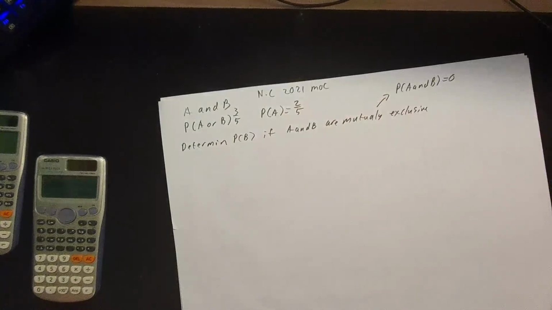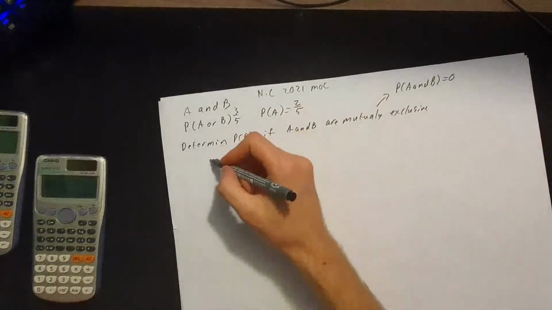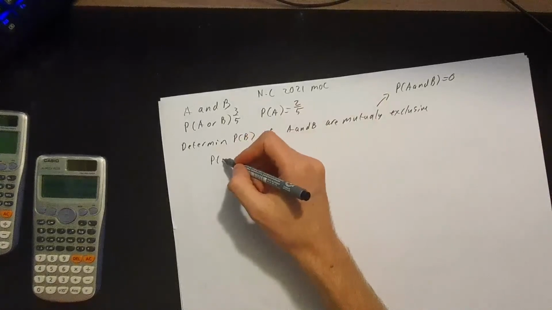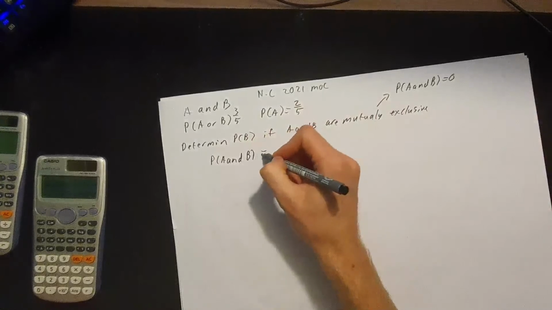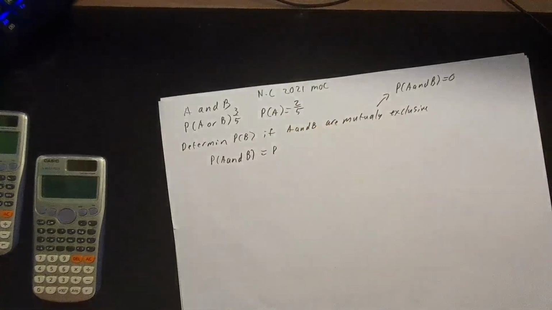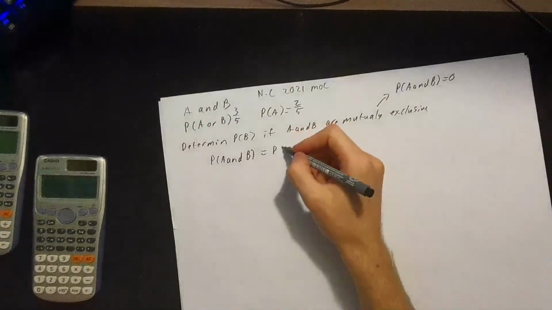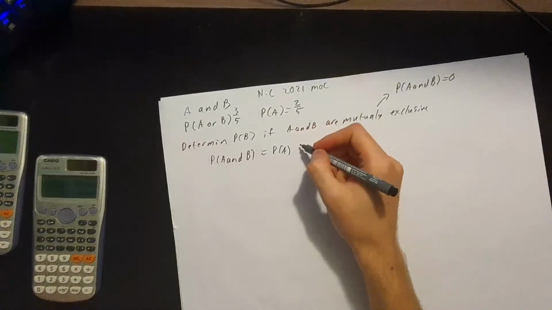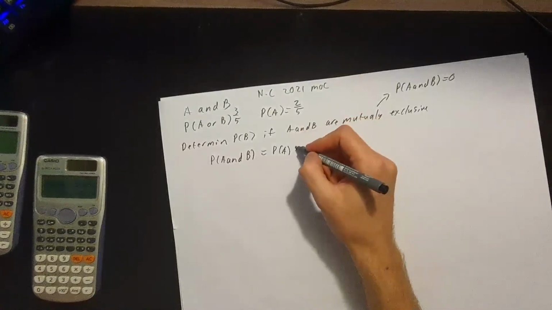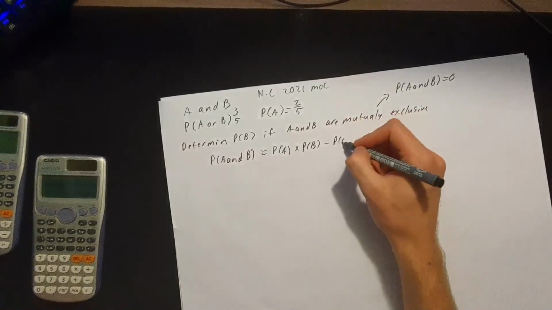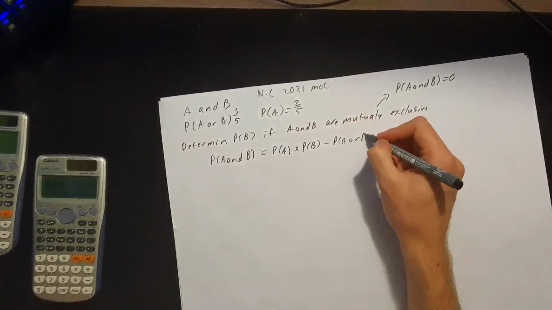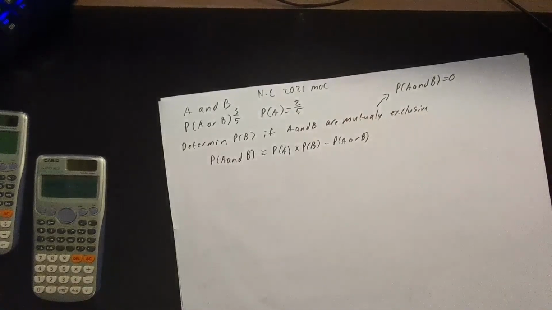And the long formula is the probability of A and B, correct me if I'm wrong, equals the probability of A multiplied by the probability of B minus the probability of A or B. Is it that one? Let me check quickly.